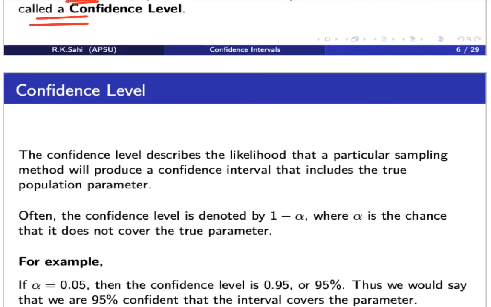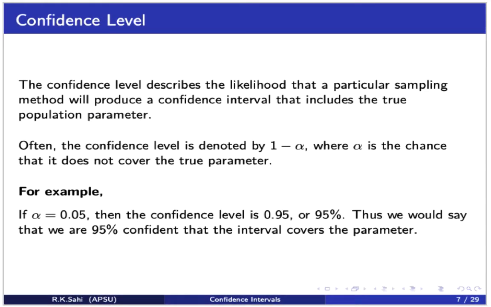The confidence level tells us that the particular sampling method is going to give us a confidence interval which includes the true population parameter. It is the confidence we get that, yes, the true population parameter will be within that range of values. And we denote the confidence level by 1 minus alpha. The alpha is the uncertain part of it, remember.